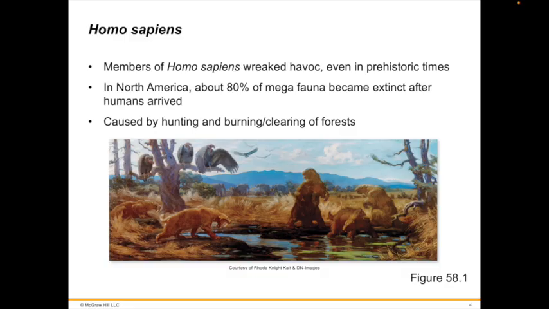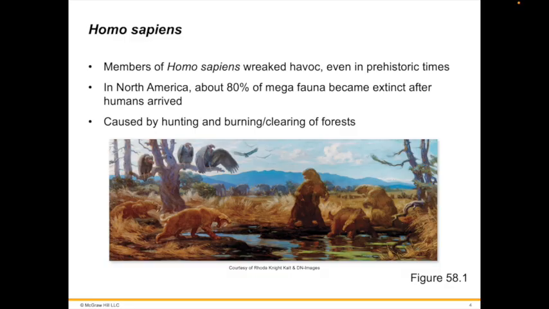Around the globe, similar results have followed the arrival of humans. 40,000 years ago, Australia was occupied by a wide variety of large animals, including marsupials similar in size and ecology to hippos and leopards, a kangaroo 2 meters tall, and a 6-meter-long monitor lizard. These all disappeared at approximately the same time as humans arrived.